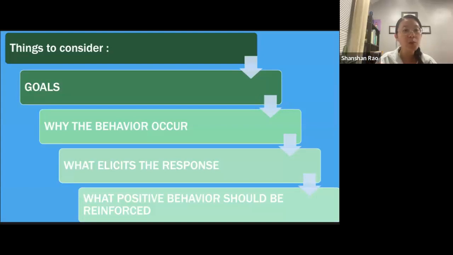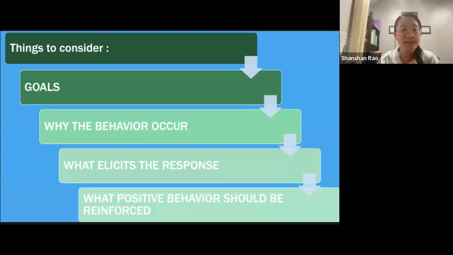The third one is what elicits the behaviors. What is the stimulus? What is the event? What is the material? Who elicits the response? We want to identify the environment for that behavior.